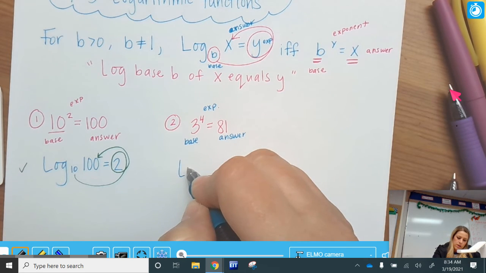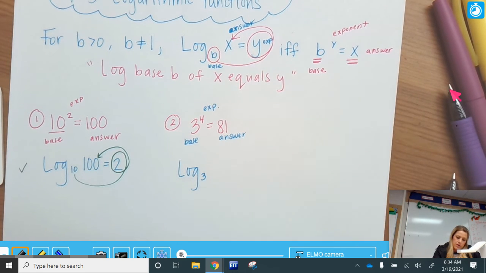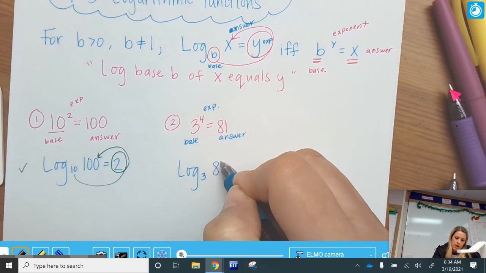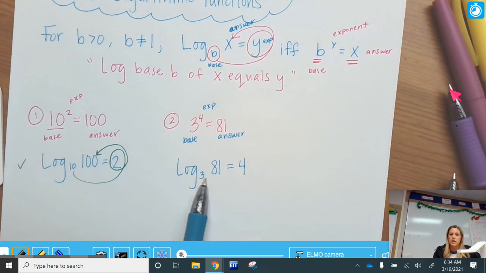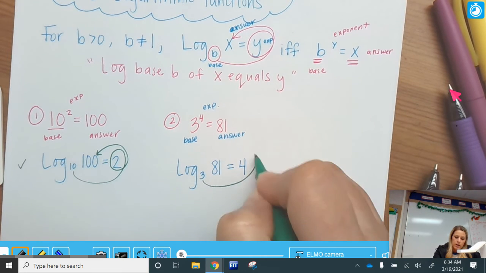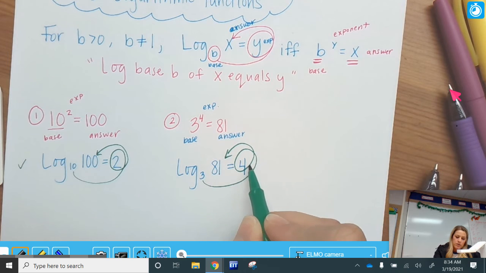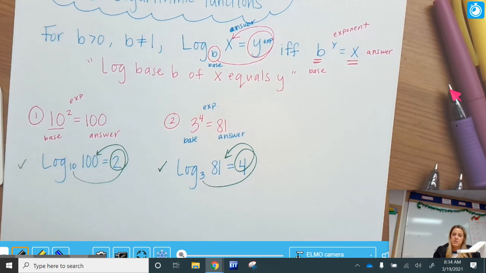So log base 3 of 81 equals 4. Your answer kind of comes next to the log. Again, I do a quick check: 3 to the fourth power equals 81. Check, I'm done.